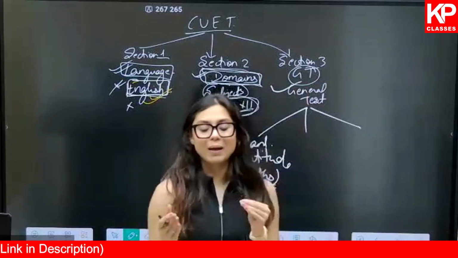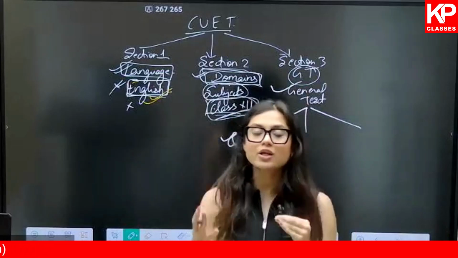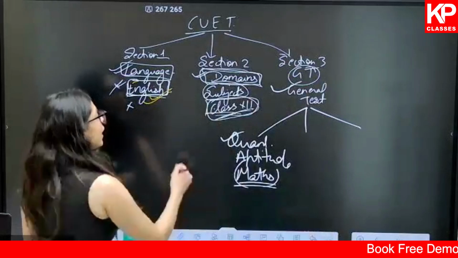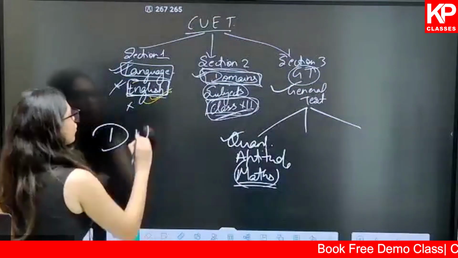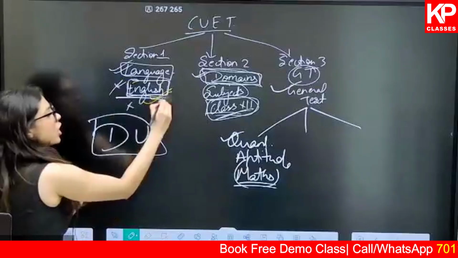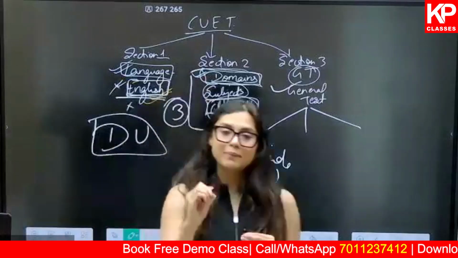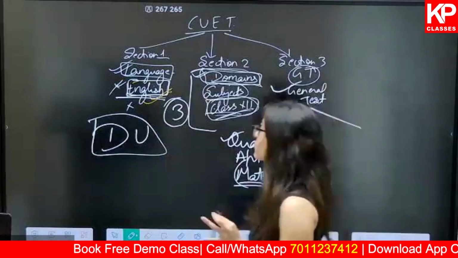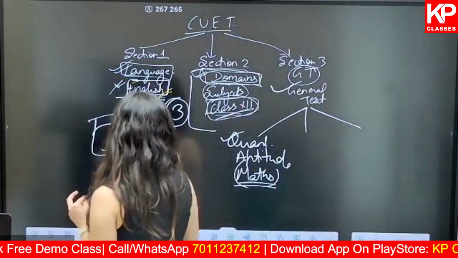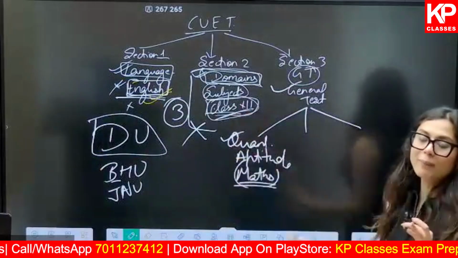Because the question here is, ma'am, we are humanities students. Why do we need to study maths? What is the need to study maths? Because if you are targeting DU, some colleges like Delhi University take admission only on the basis of marks in English and any 3 domains. But other universities like BHU, JNU, they don't take marks of domain subjects.